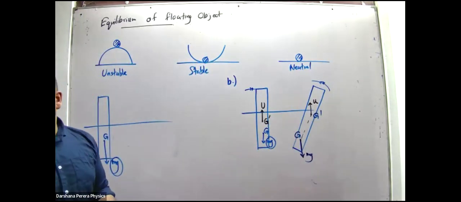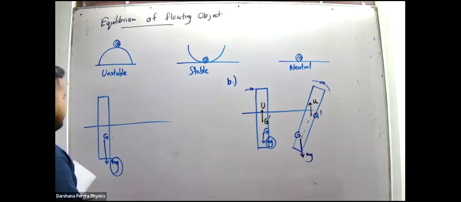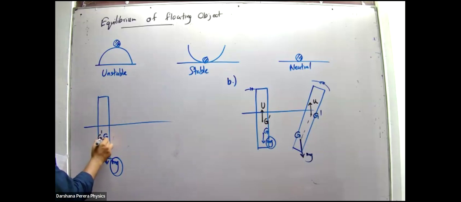Then, if we discuss a situation like this, G and G dash are located at the same point. So the upthrust and mg are like this.